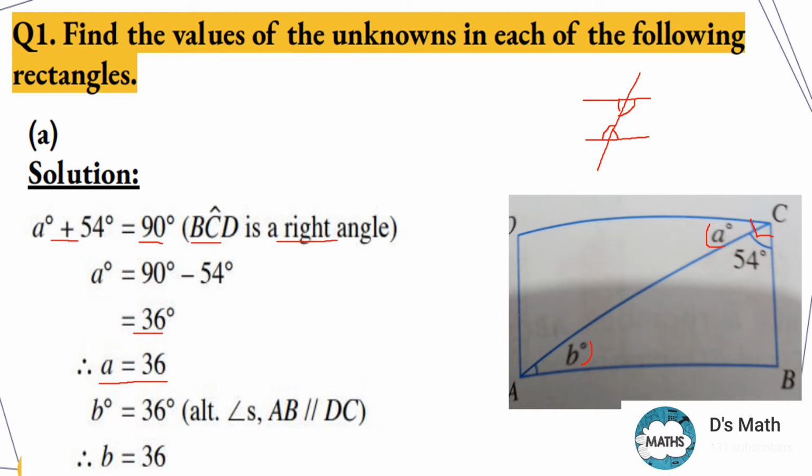So A is alternate to B. That means B is equal to 36 degrees. What is the reason? These are the alternate angles of two parallel sides. What are the parallel sides? As AB is parallel to DC, that means B is equal to 36.